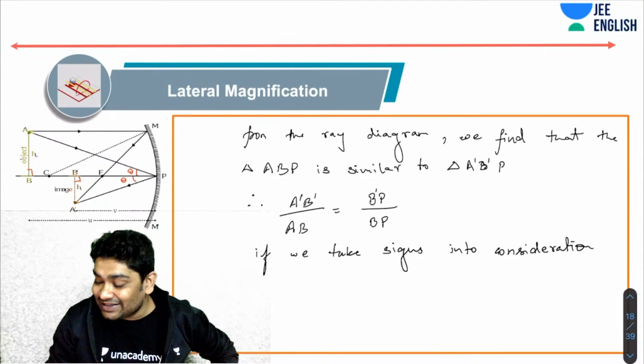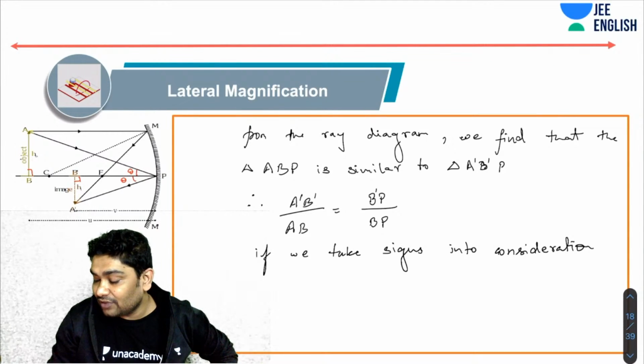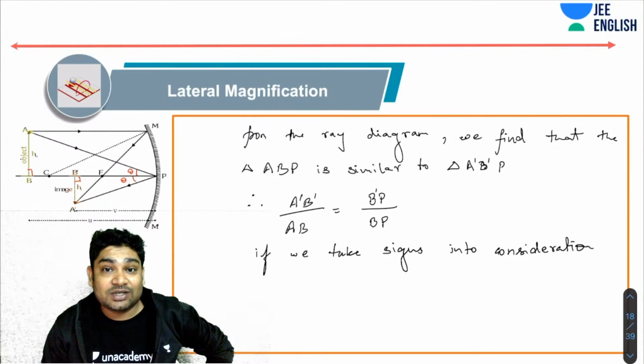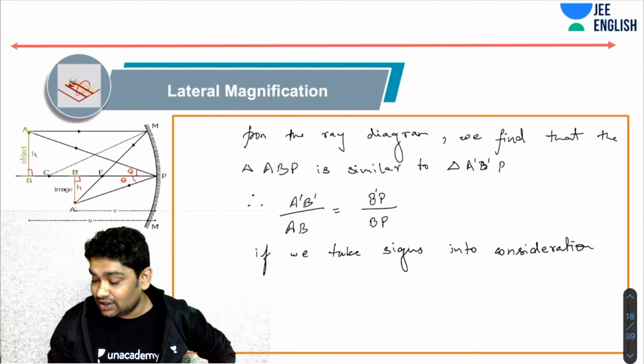So magnification M would be equal to minus V over U. V and U both have the same signs, but in the ratio I want a negative sign to be there. So this is how I will write this.